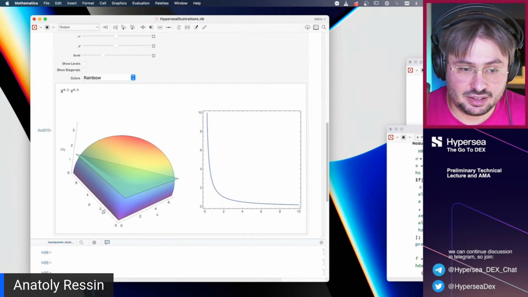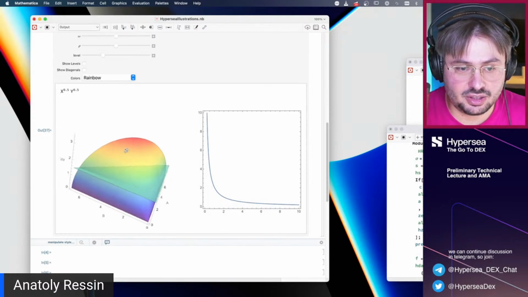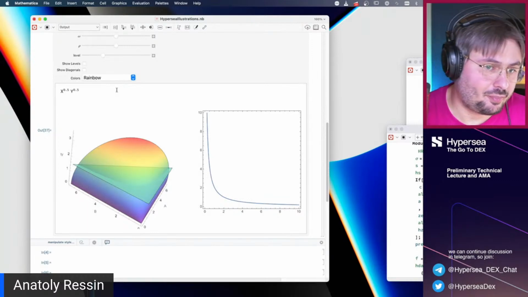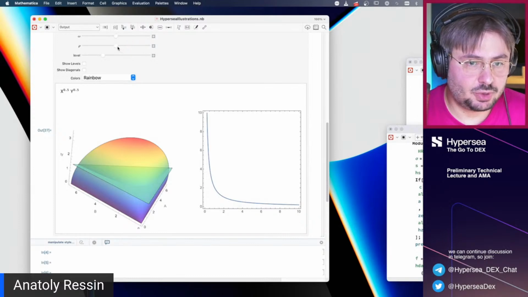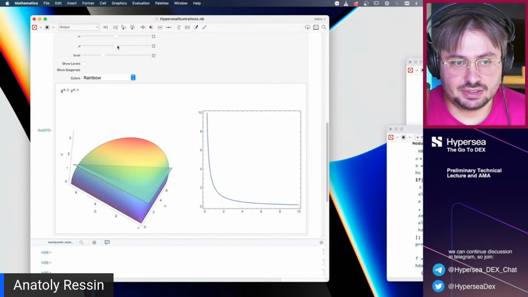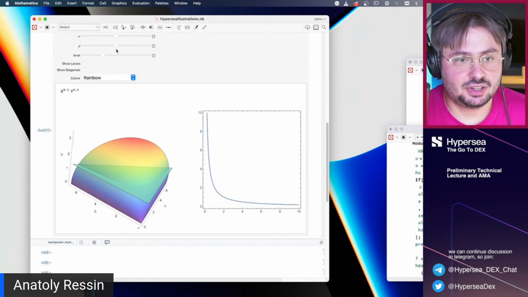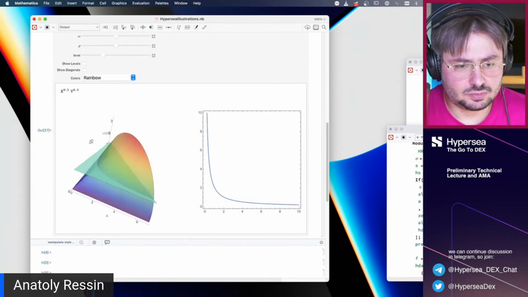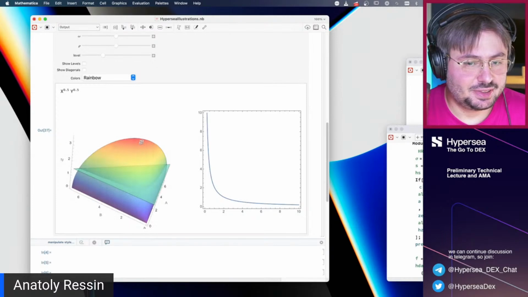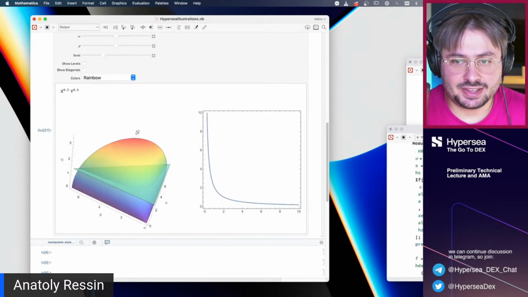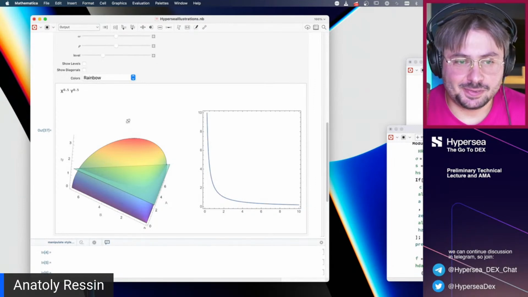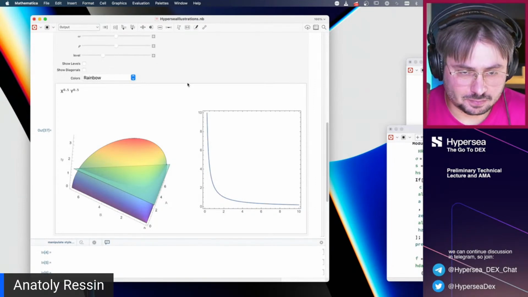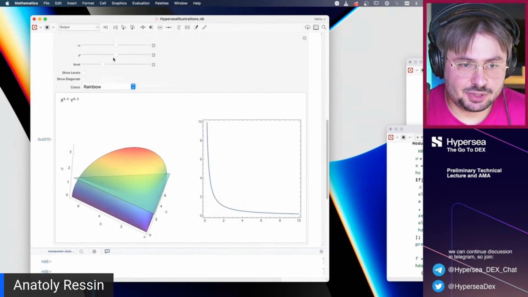And exactly here, we can change the weight, and we can change the degree of substitution, so how products can be substituted.